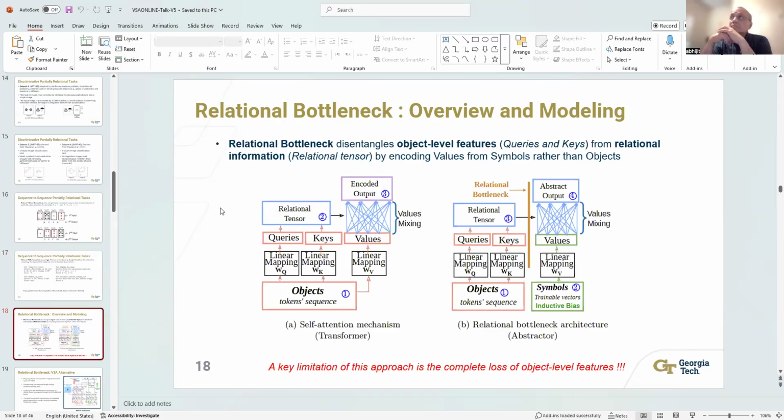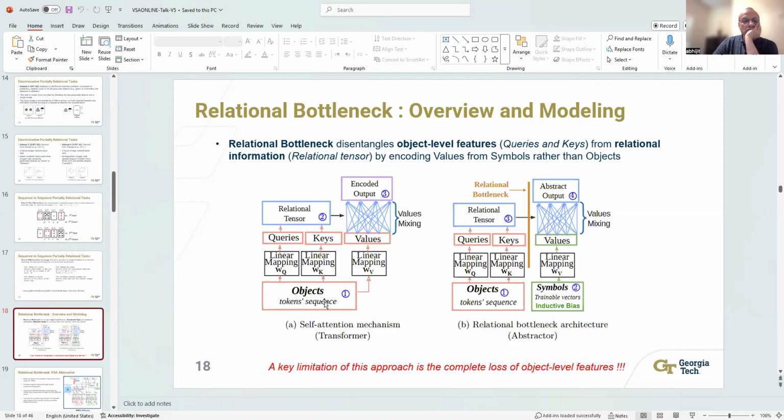So in this slide, we will introduce the mechanism of the relational bottleneck. What's the difference between the relational bottleneck and the regular self-attention mechanism?